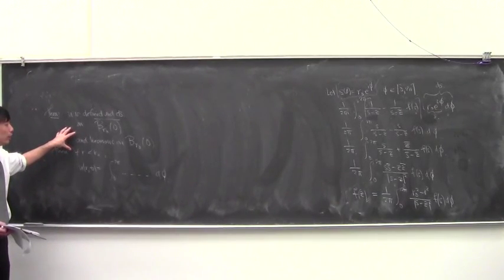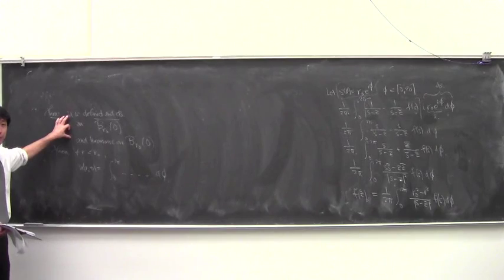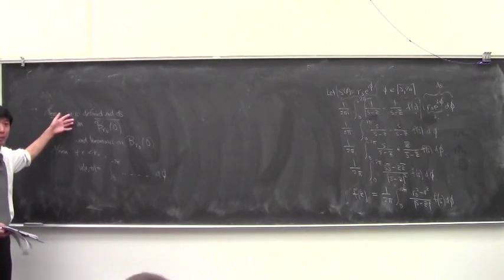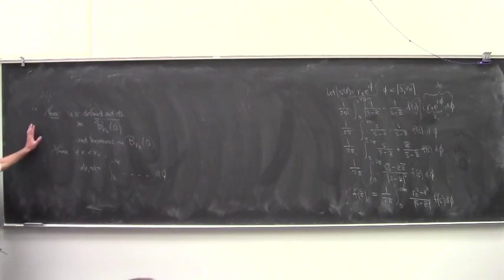To get this sort of result is not that much more than what we did before, but involves the notion of uniform convergence, which we haven't talked about. So today we're going to talk about uniform convergence. Maybe after that, I'll give their argument.